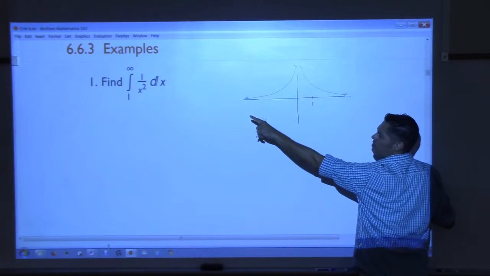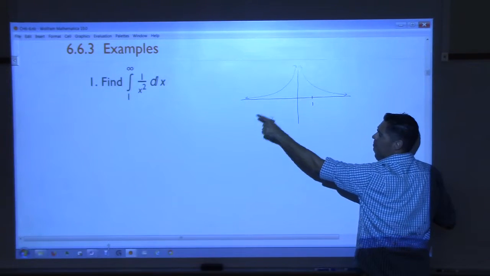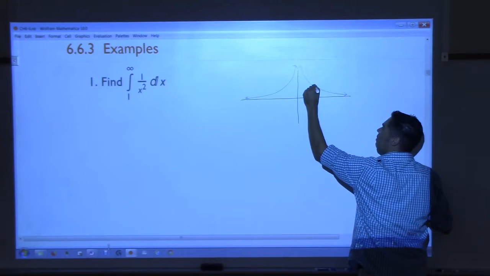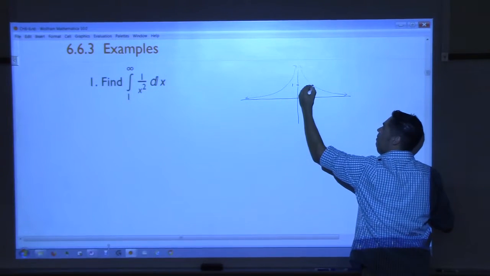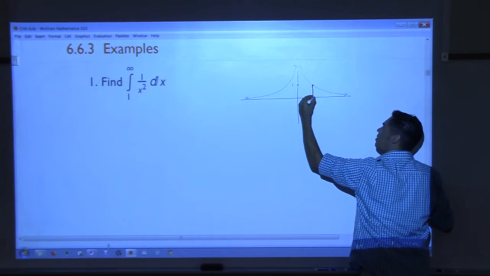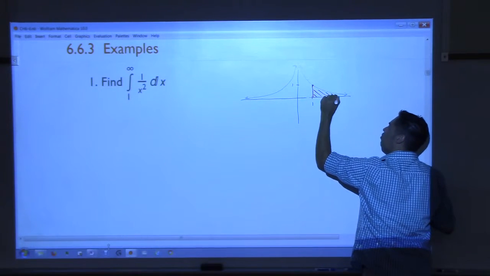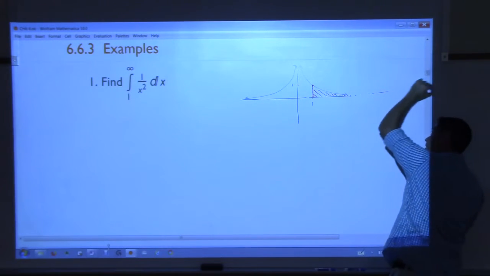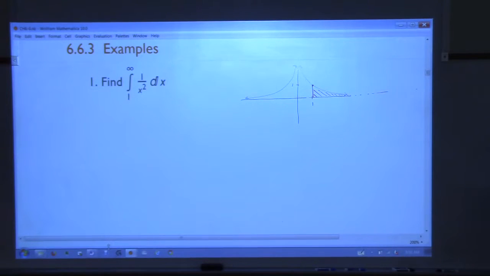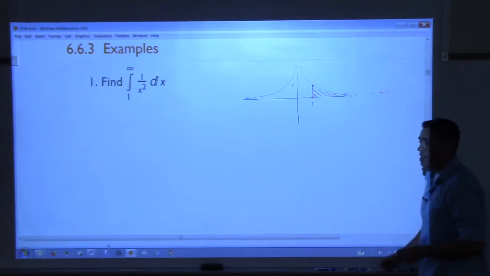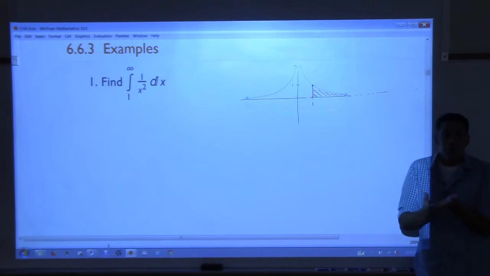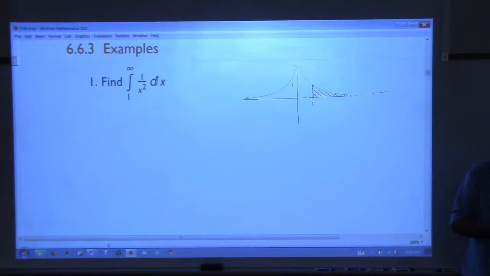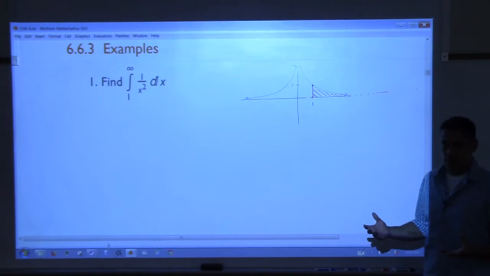If I plug 1 into that function, it spits out 1, right? That's not really relevant, but I'm looking for this area that goes this way forever. And the question is, is it converging to a number or is it diverging?